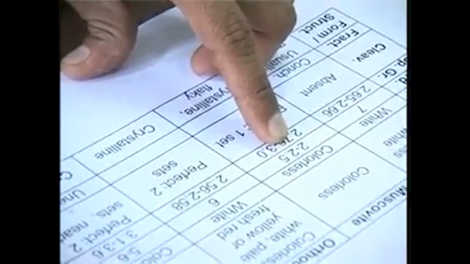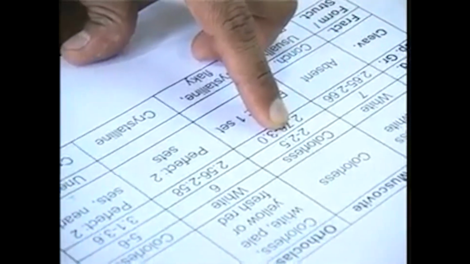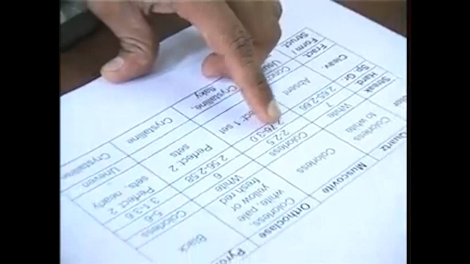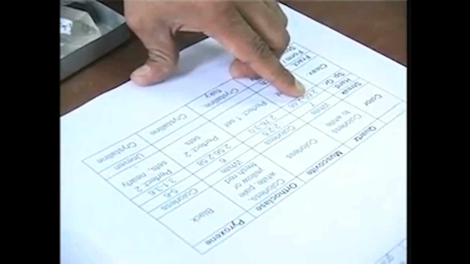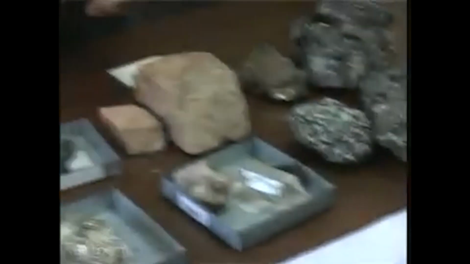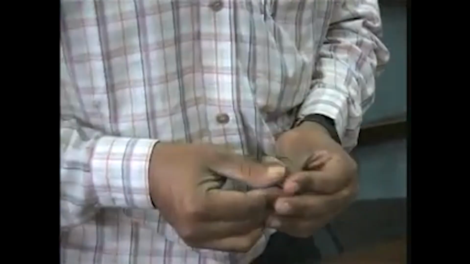Muscovite has a hardness of 2 to 2.5, whereas quartz has a hardness of 7. And there are some intermediate values, like amphibole with a hardness of 5 to 6. Pyroxene also has a hardness of 5 to 6. Now let's try to see what we mean by this.